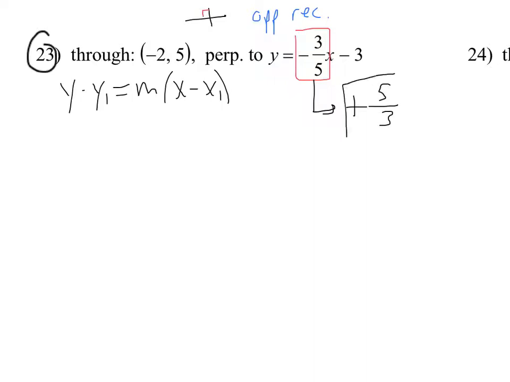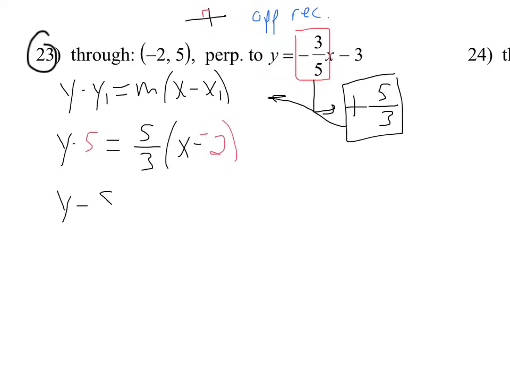So this is the slope we will use. So y minus our y value from the point given, the slope we had to modify, and the x value from our point given.